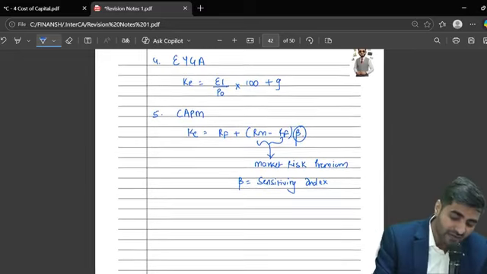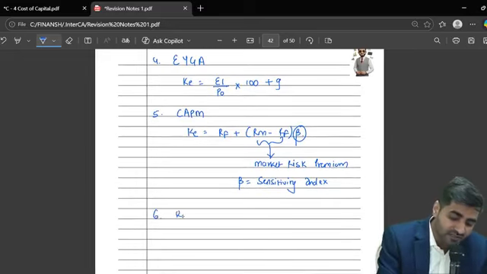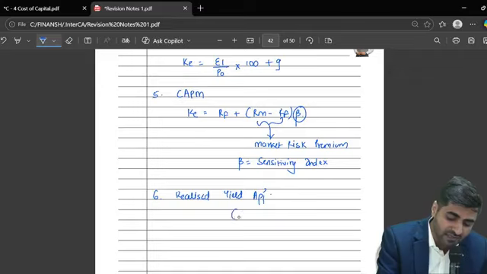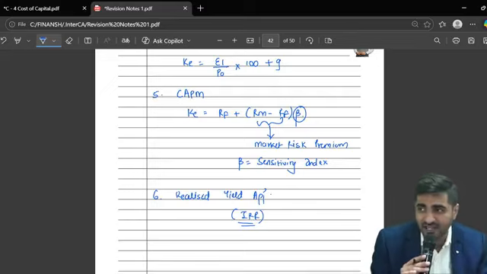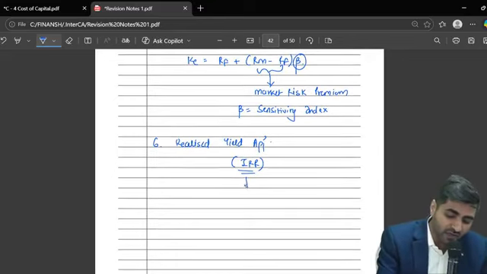And then the last approach which we have is called your realized yield approach. Realized yield approach for the calculation of KE is very similar to your IRR concept, where we have to find the discounting factor at which your PV of CI is equal to your PV of CO. Suppose the market price of the equity share is given to you as 50 rupees.